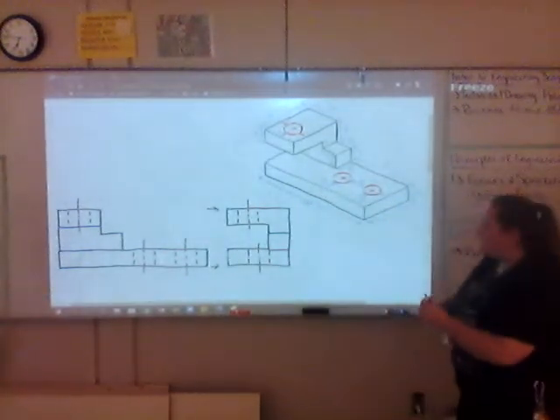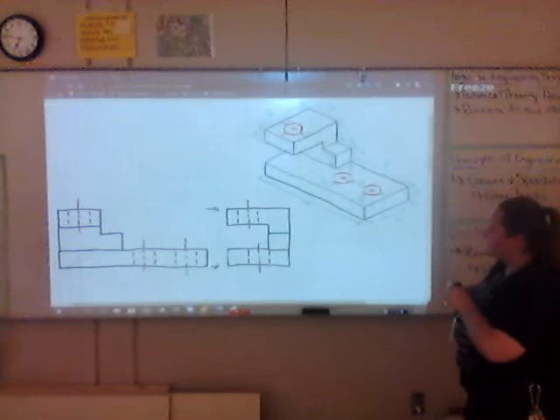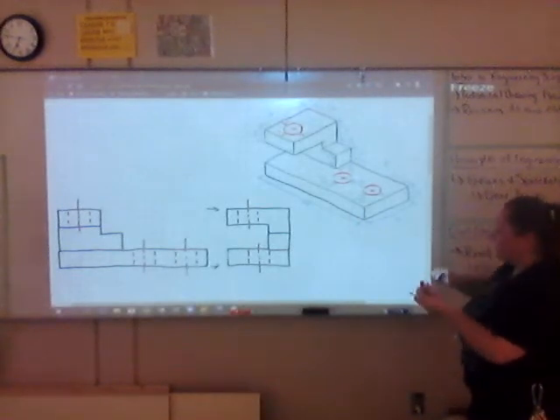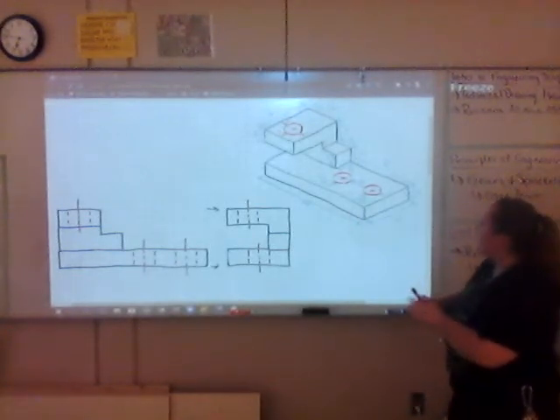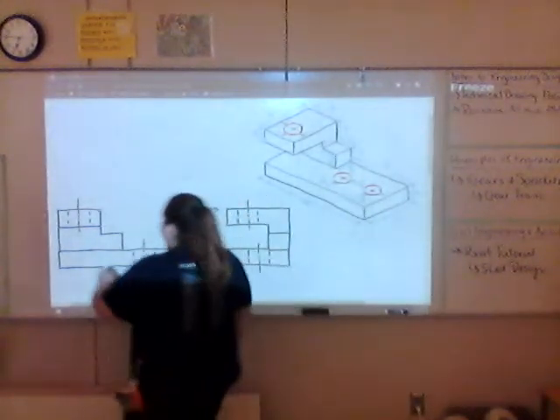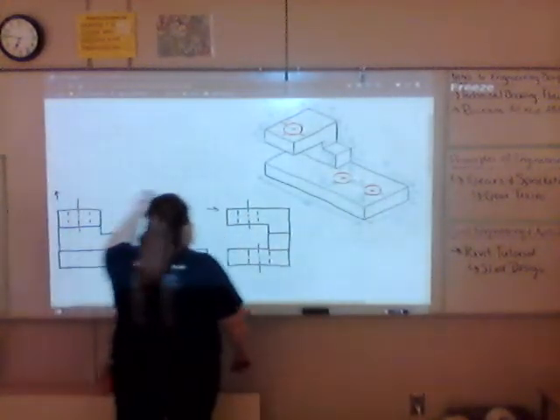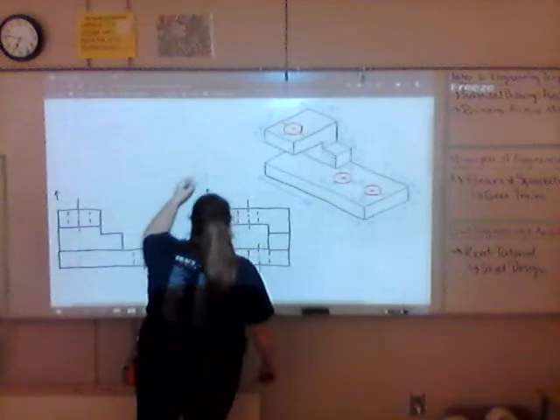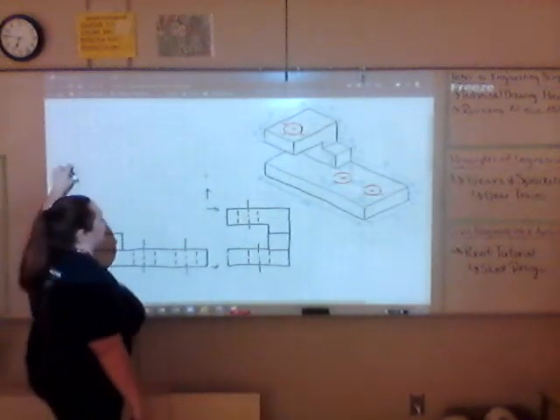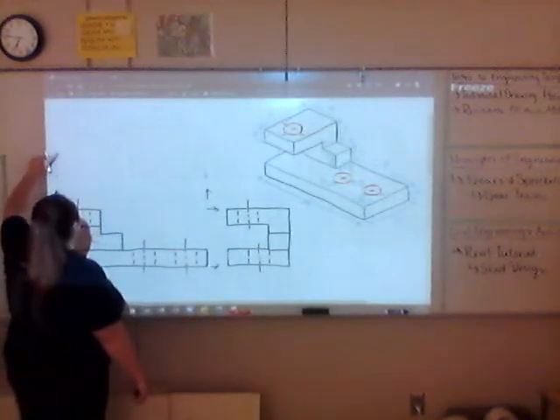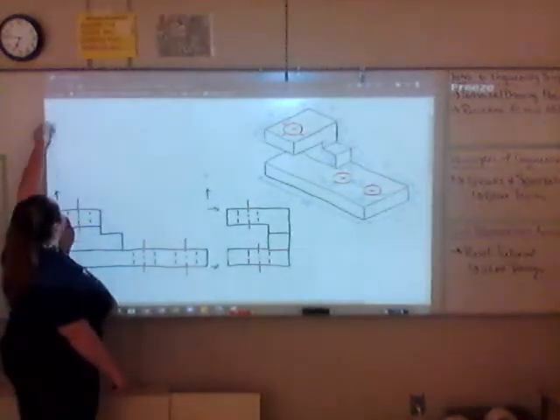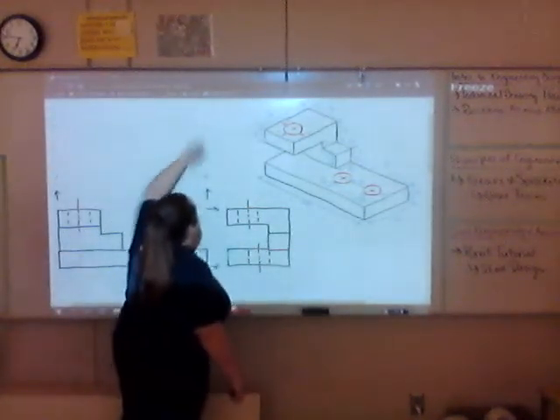Okay? All right. So now we just need to move on to the top view. We know that we are 14 long. We go back 6, which is going to translate to up in the top view. Okay?